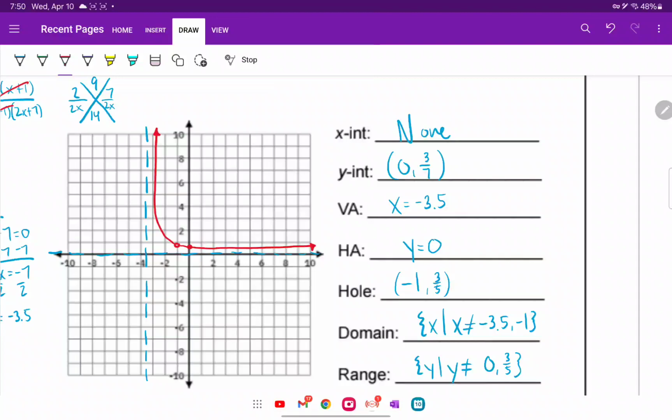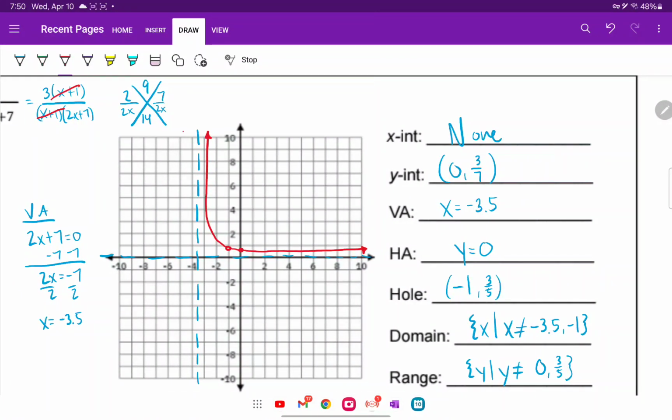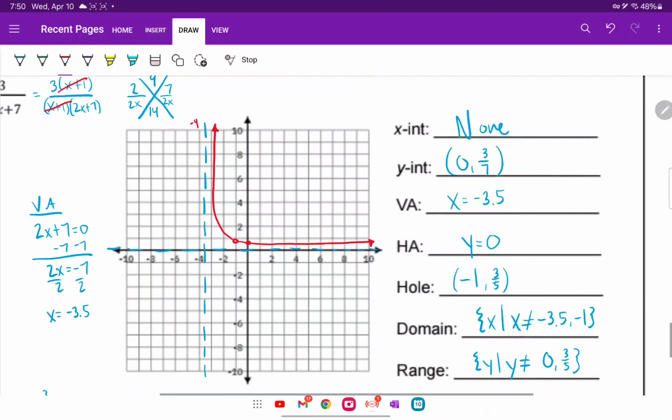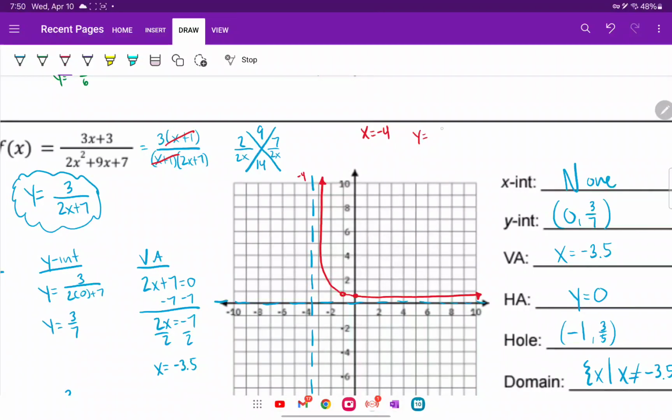All right, and I do not have a point that's to the left of negative 3.5, so let's go with negative 4. Make it a little bit easier on ourselves. So if x equals negative 4, to figure out y, we plug into the simplified equation. So 3 divided by 2 times negative 4 plus 7. 3 over negative 8 plus 7.